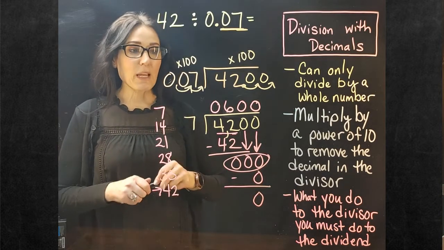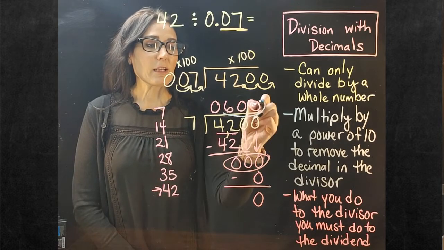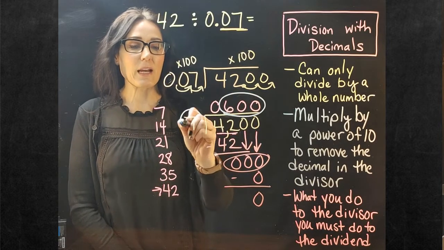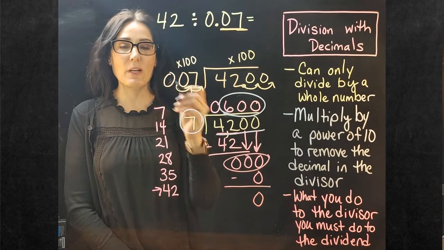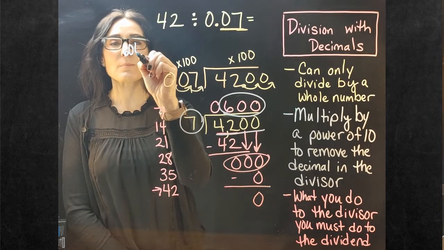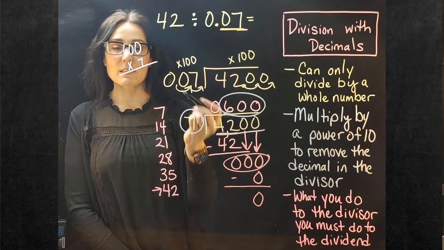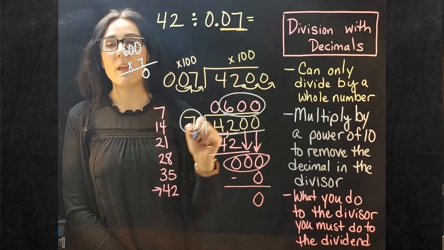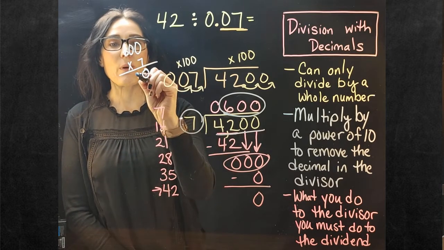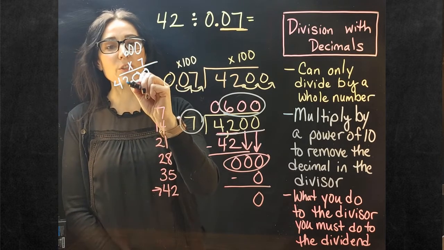Now, if you want to make sure your answer is correct, okay, you can take this number, 600 times 7, and you should get 4,200. So let's go ahead and do that. 600 times 7. So we know 7 times 0 is 0. 7 times 0 is 0 again. 7 times 6 is 42.